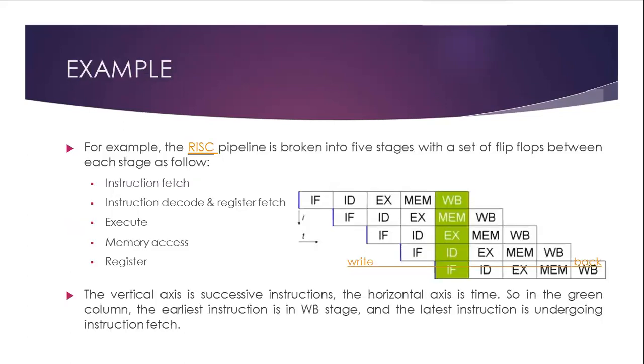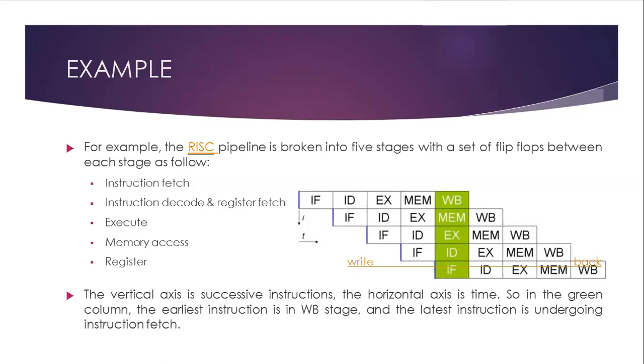For example, in a reduced instruction set computer architecture, the pipeline is broken into 5 stages with a set of flip-flops between each stage as follows. The first stage is instruction fetch, next instruction decode and register fetch, next execute, next memory access, and last one register write back.